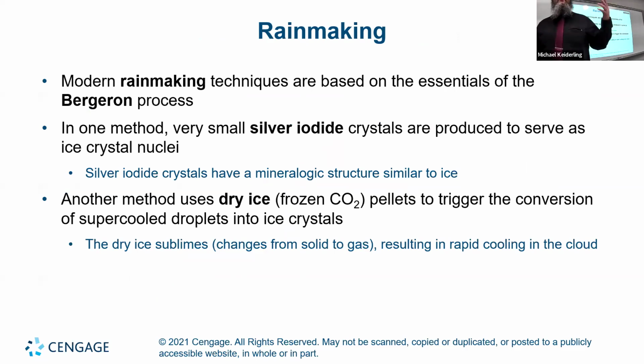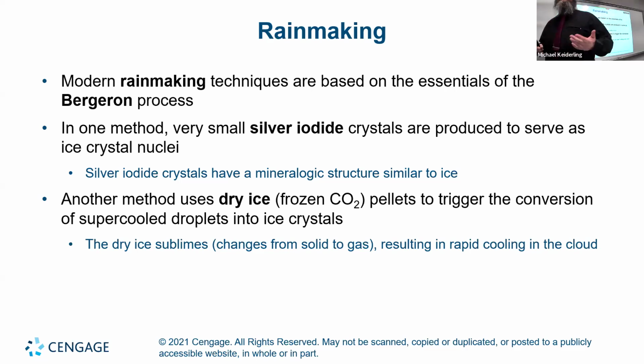So in one method, you use silver iodide crystals to serve as nuclei for ice crystals, because silver iodide crystals have a structure very similar to that of ice. So it's very easy to build ice off of silver iodide crystals. Those serve as nuclei for ice crystals, which then grow and kick off the Bergeron process and form rain.